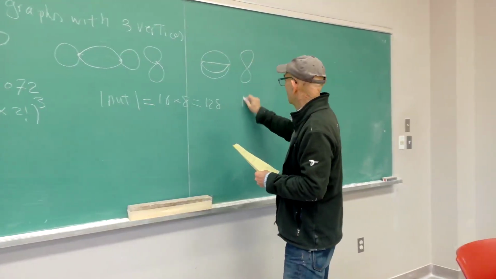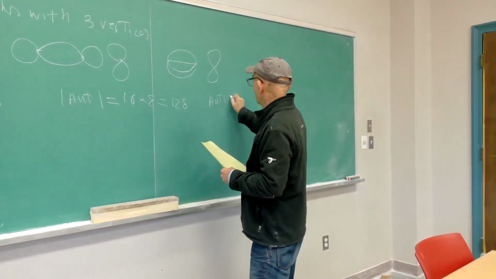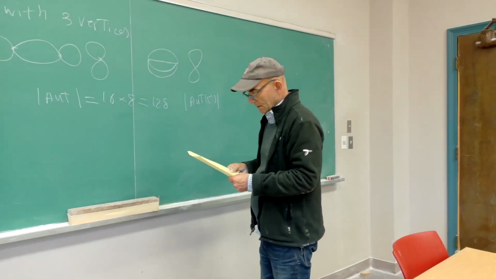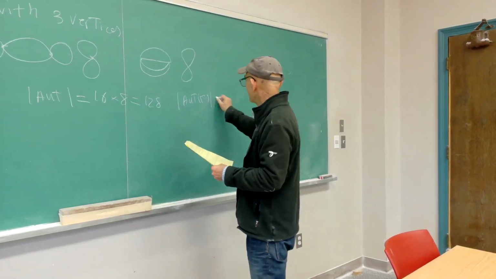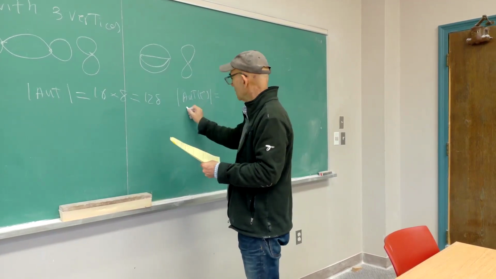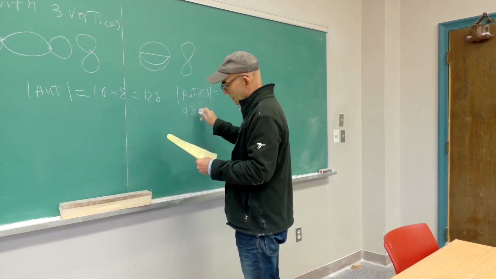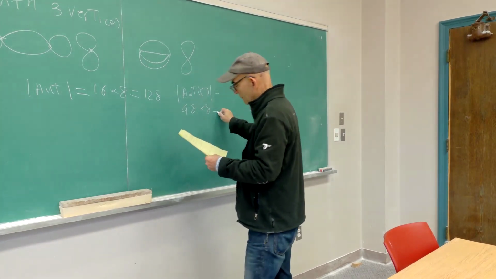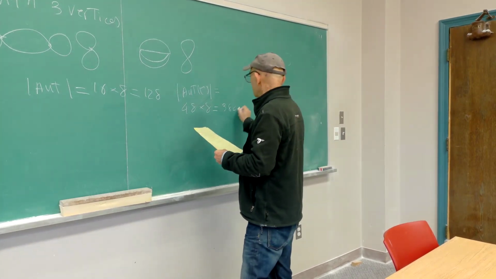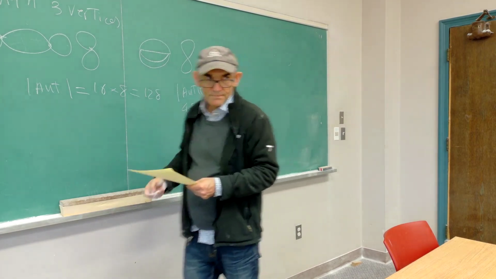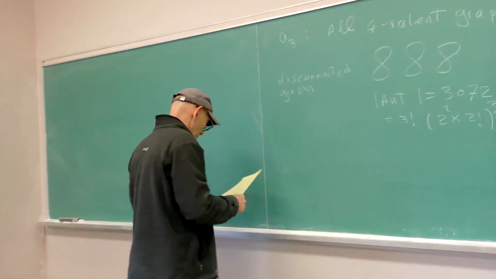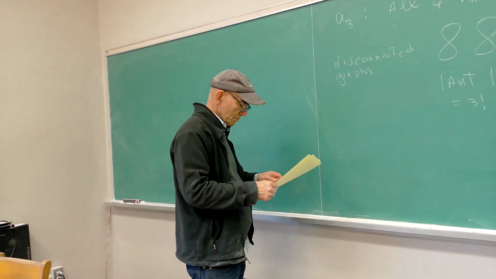And for this one, the order of gamma is actually equal to 48 times 8, which is 384. You can easily check that. Correct.